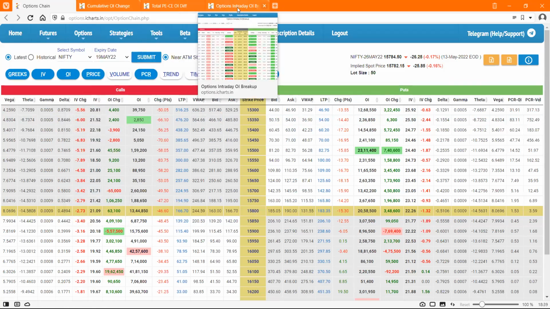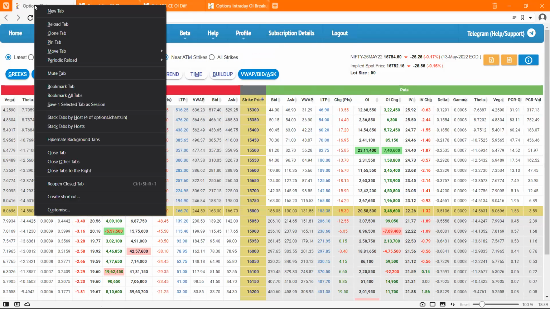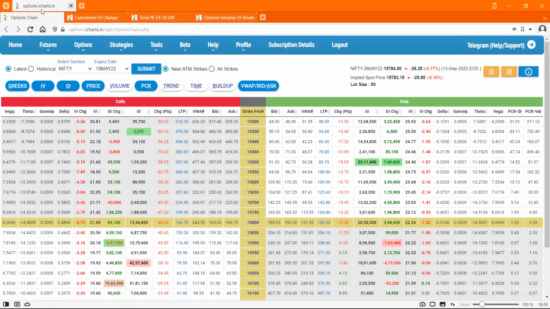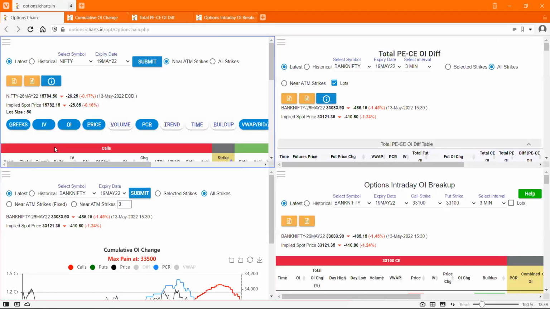Now you need to open 4 tabs this way, then right click on a tab and say stack tabs by host. The four open tabs get stacked this way, and it indicates that 4 tabs have been stacked. Right click on that single stack and say tile tab stack. Then it changes this way.